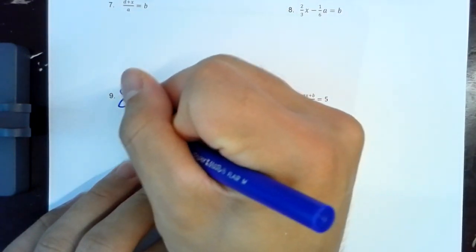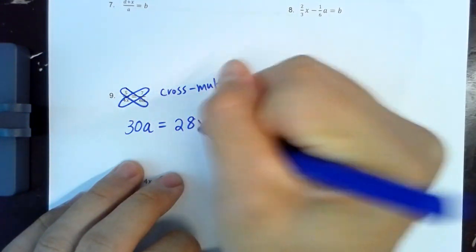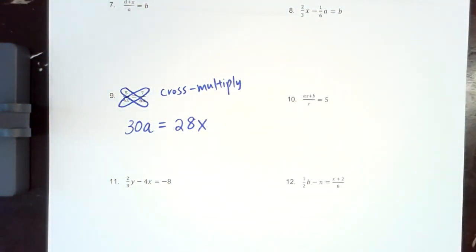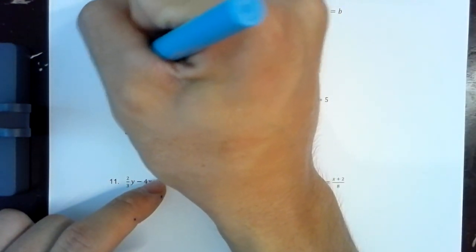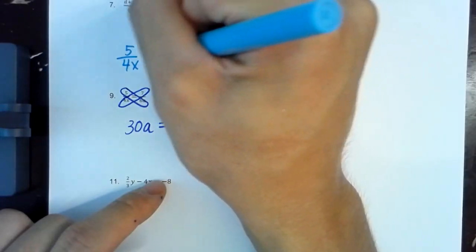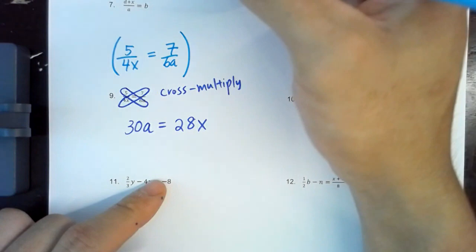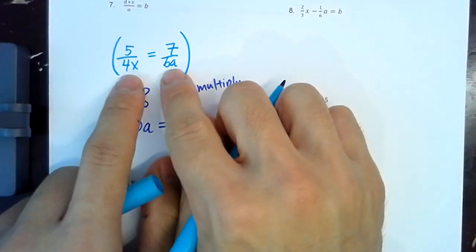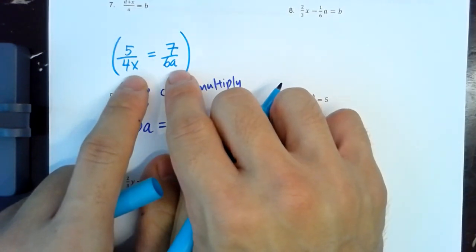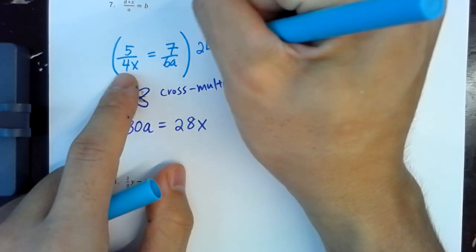5 times 6a is going to be 30a, and then this is going to equal 28x. Now, for those of us that are wondering why we're allowed to cross multiply, I'm going to rewrite this problem, 5 over 4x is equal to 7 over 6a. You could think of it as, I'm multiplying the entire thing, class. I'm multiplying both sides by really the product of the denominators, right? The product of the denominators would be 24ax.